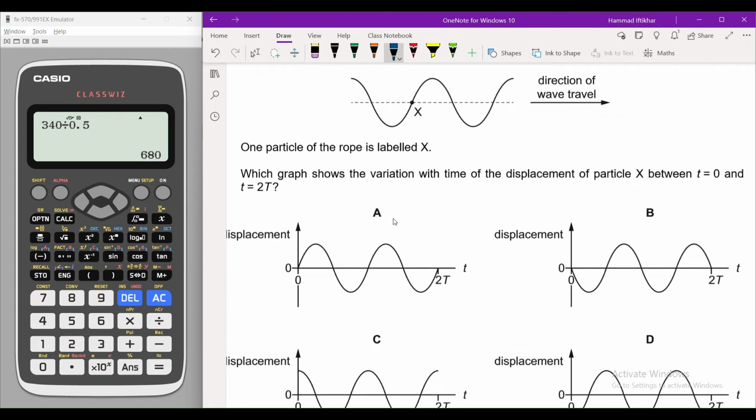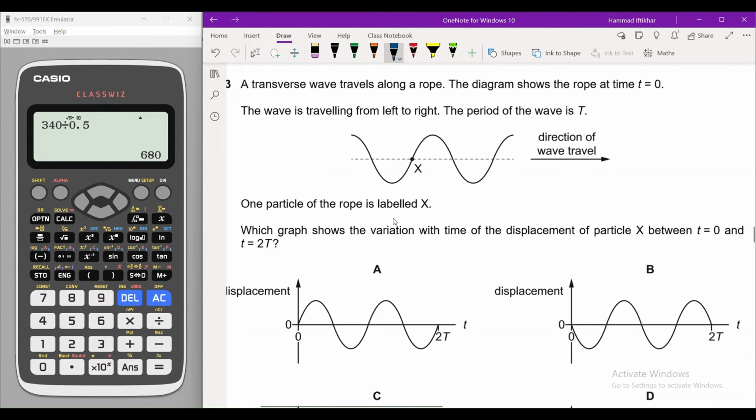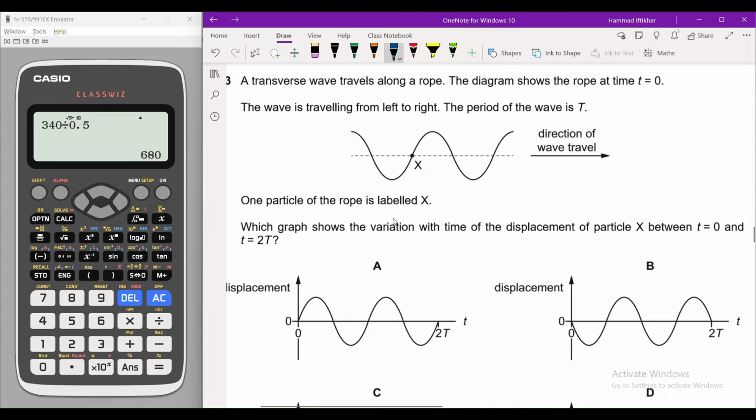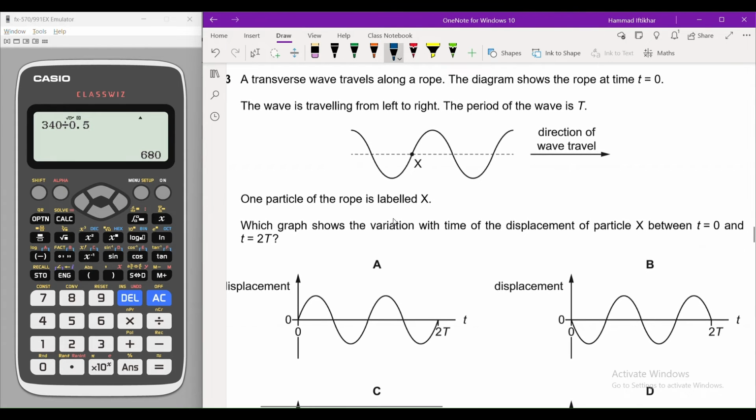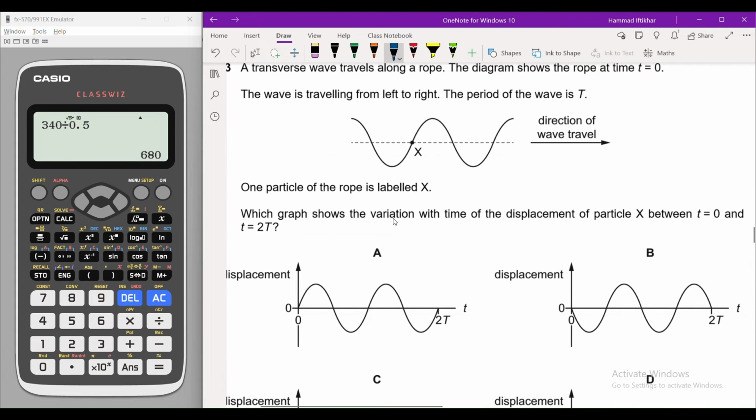Wait, hold on. Transverse wave. Wave is traveling from left to right. The period of the wave is T. Okay, so if you notice over here, it's starting from 0, but now we need to figure out whether it's going up or whether it's going down.